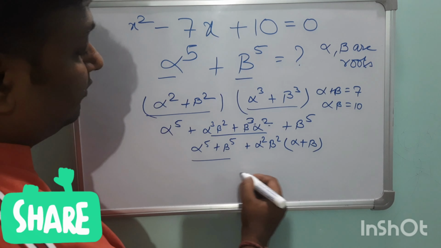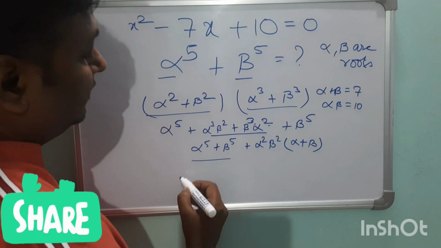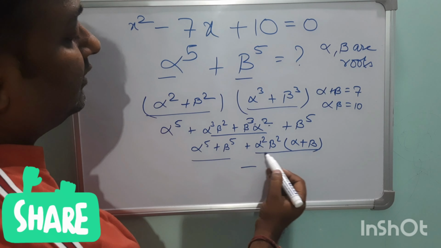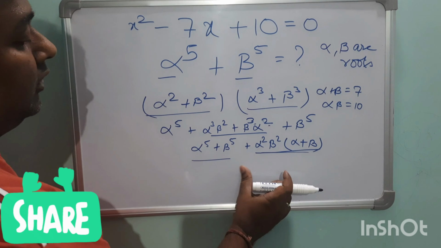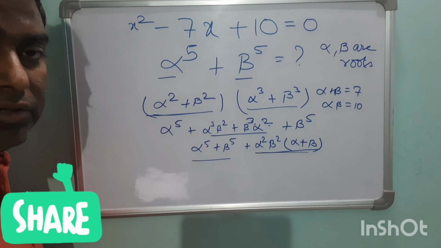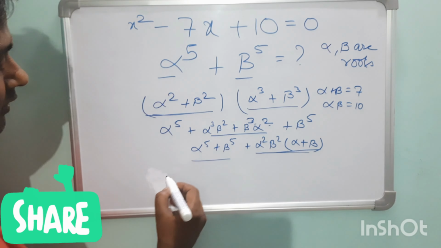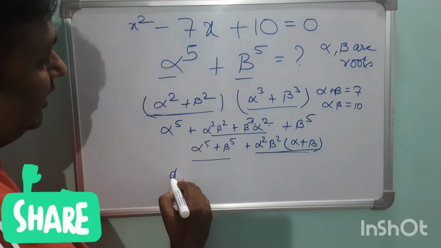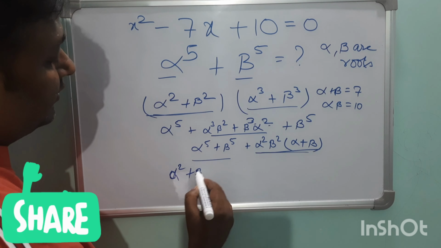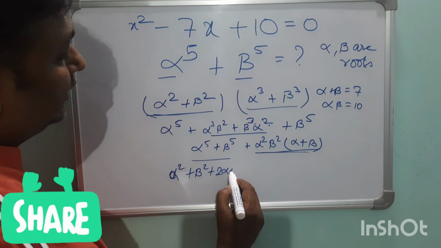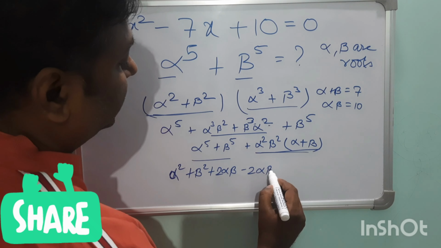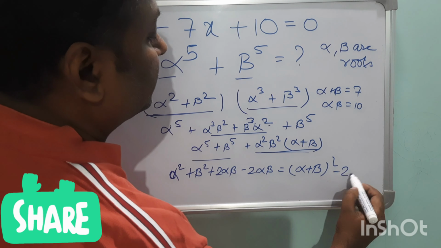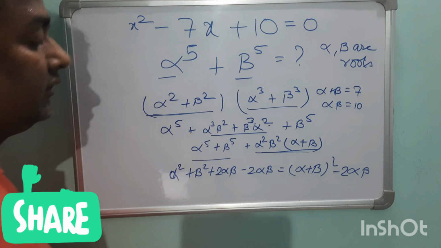So in this one, whatever value comes, we have to subtract this part. In order to get these two values, we will be using the identity: alpha square plus beta square plus 2 alpha beta minus 2 alpha beta, that becomes alpha plus beta whole square minus 2 alpha beta.